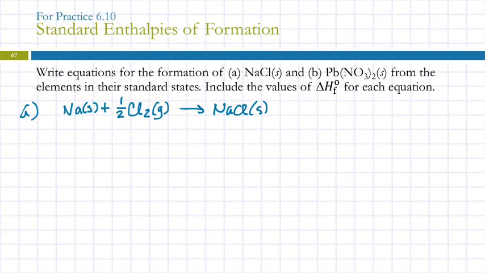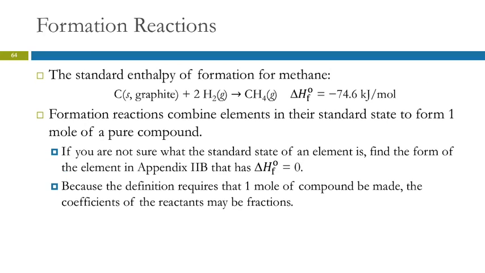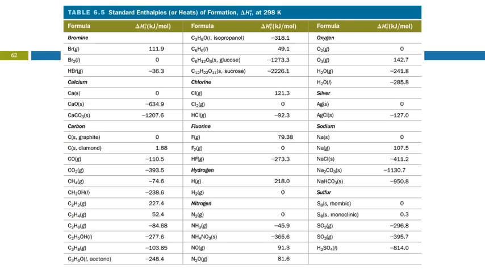So we're also supposed to include the value of the heat of formation. So delta H, F. So we have to go back to that table and find sodium chloride. So minus 411.2.